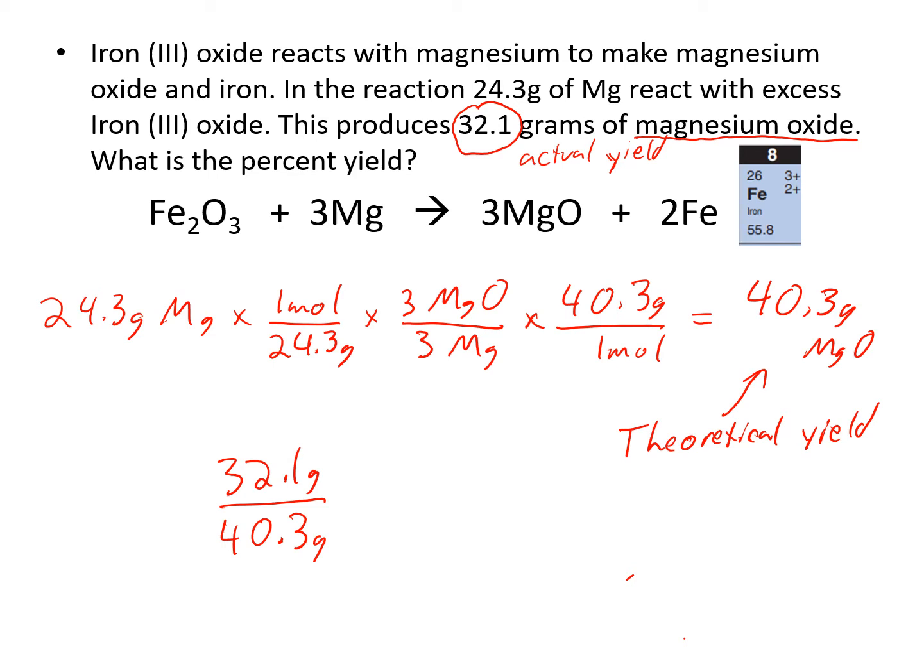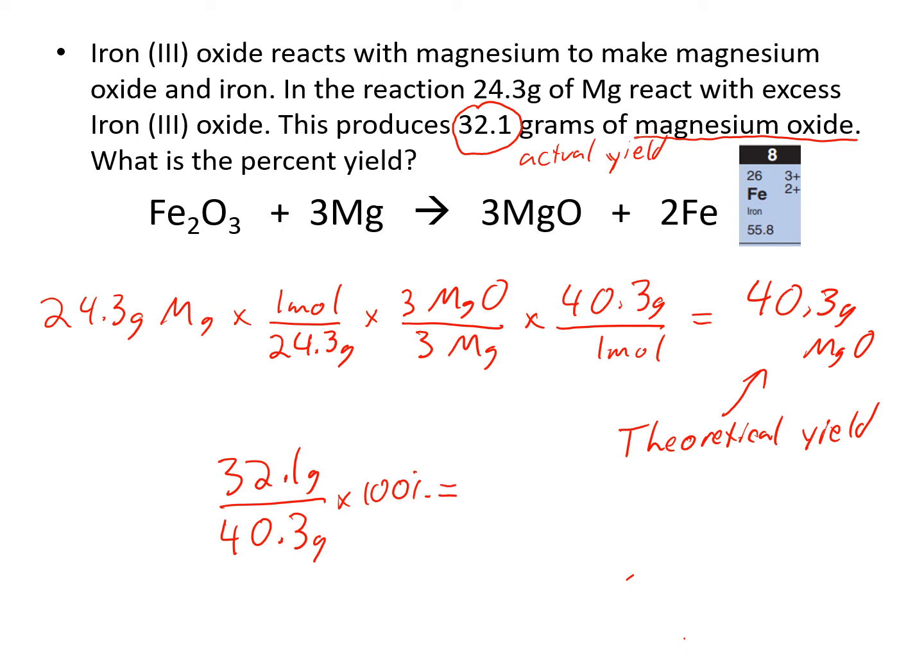And so I take my 32.1 grams and I divide it by 40.3 grams. Because I take my actual yield divided by my theoretical yield, times it by 100%, and that equals my percent yield.